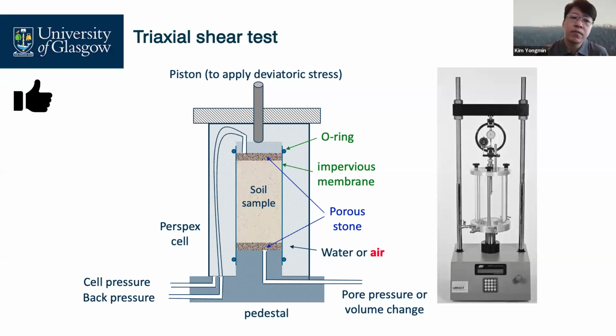Okay? So I hope that you're supposed to conduct these triaxial tests. First step, prepare your soil sample and then mount your sample on the machine, and then you can control the system to apply the desired stress, confining stress, and then the desired deviator stress.